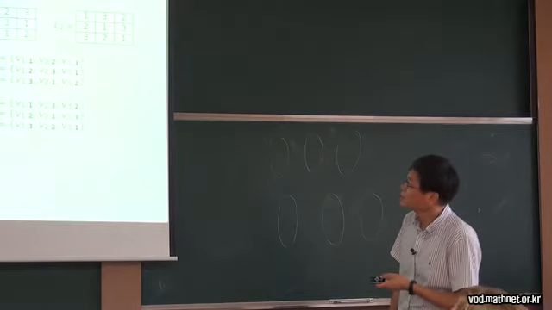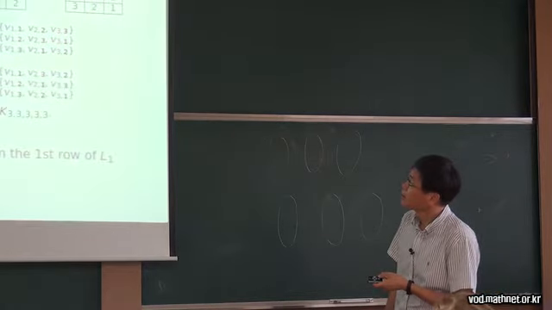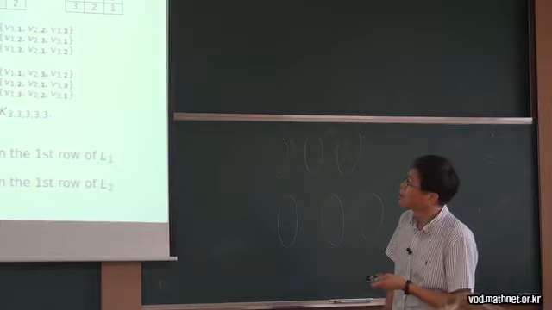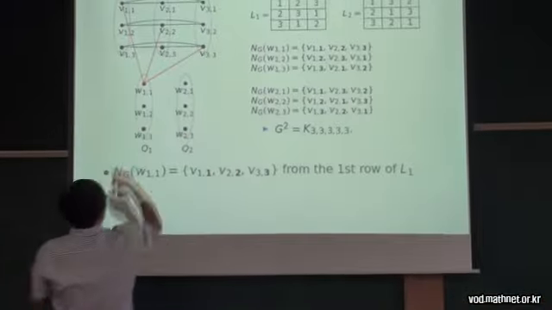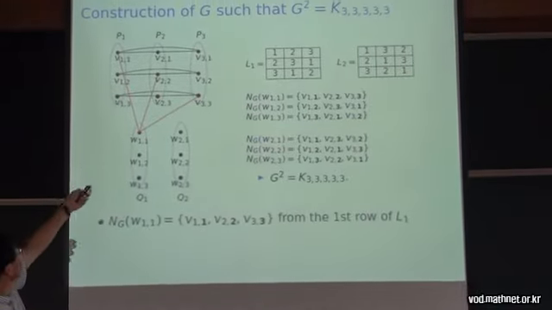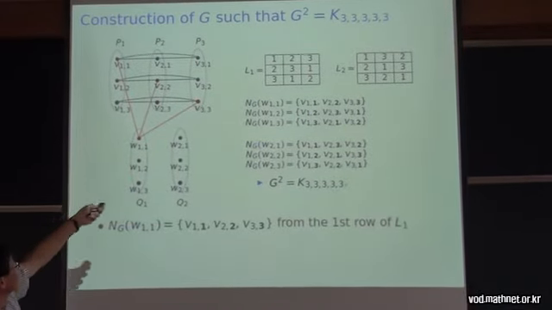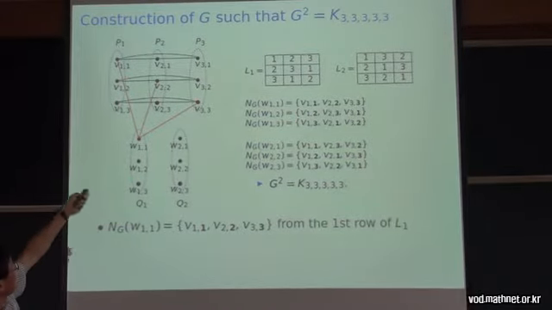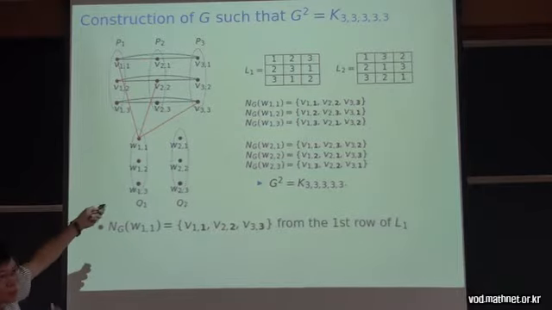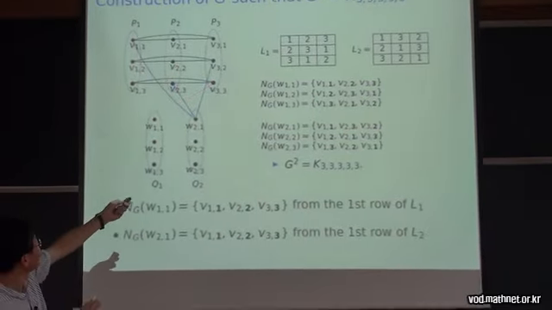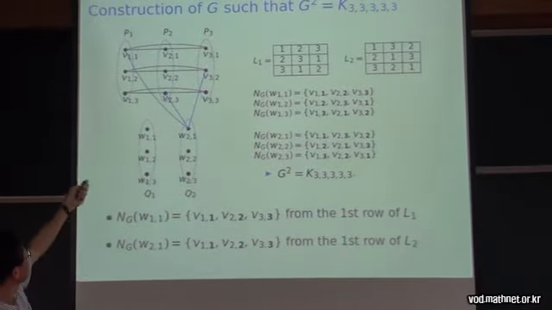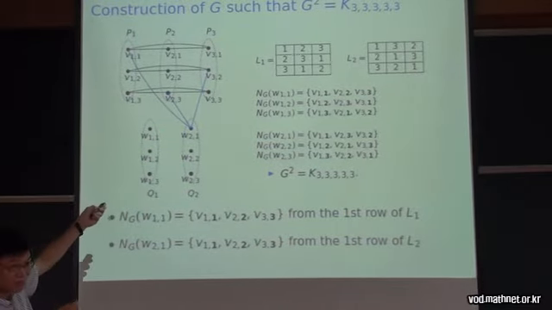Okay, here, let's look. If we take the neighborhood of this, then these 3 vertices become a complete graph, right? Locally. And then if you look at here, then these 3 vertices induce a complete graph.